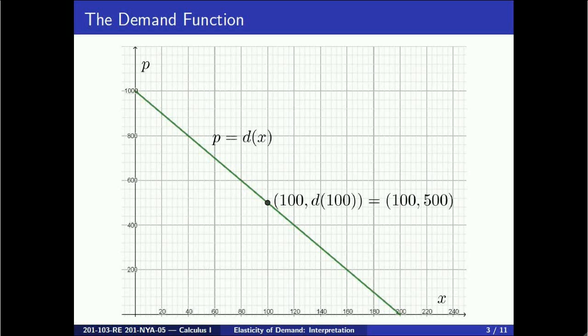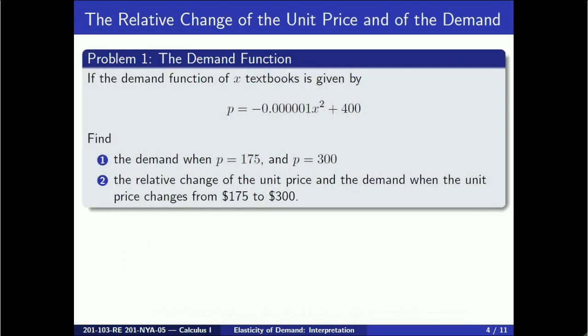We use a running example to introduce the concept of elasticity of demand. Consider a publishing company that sells textbooks. The demand function of X textbooks is given by P equals minus 10 to the minus 6 X squared plus $400. Here D is a concave down quadratic function.